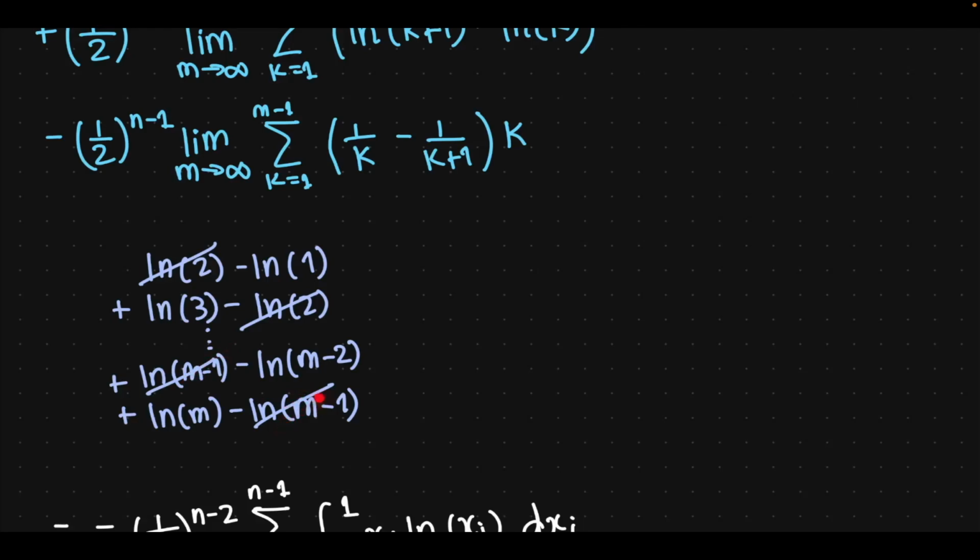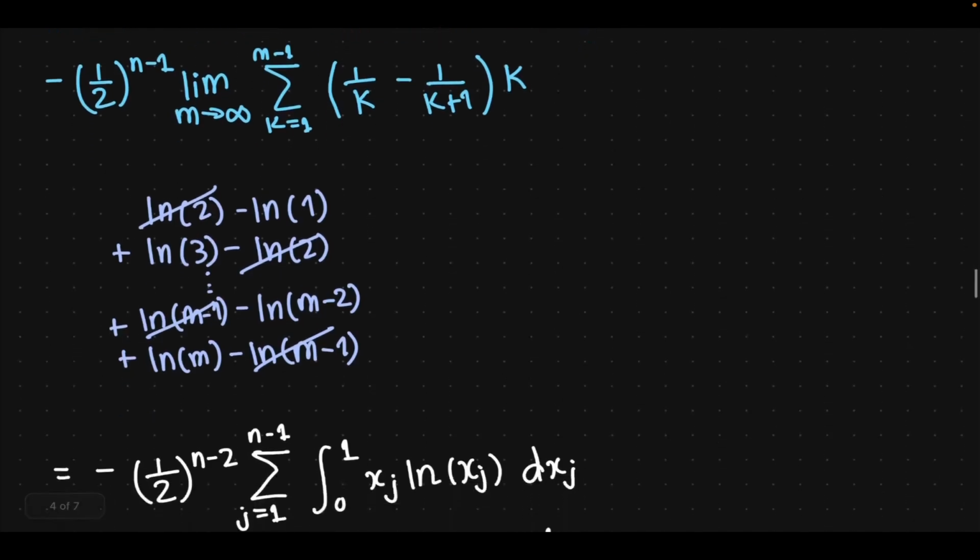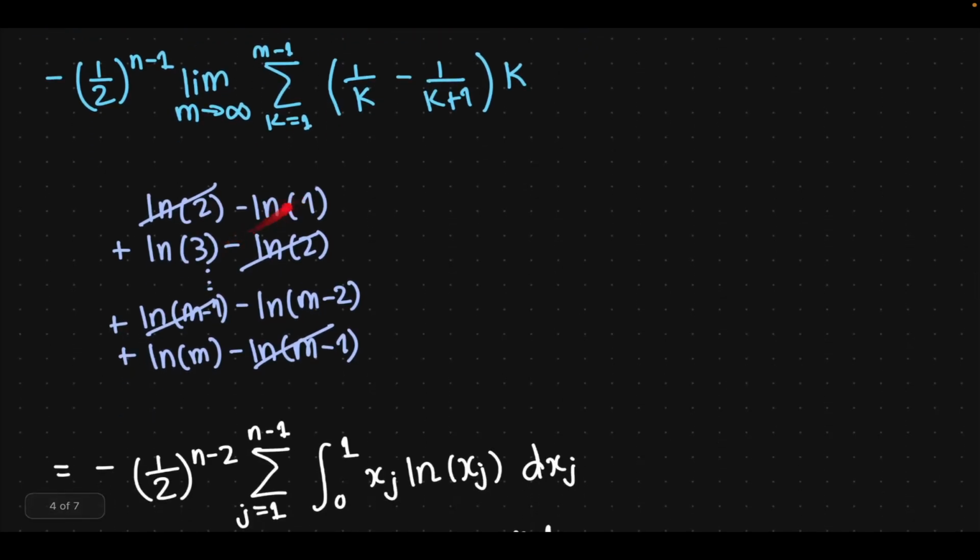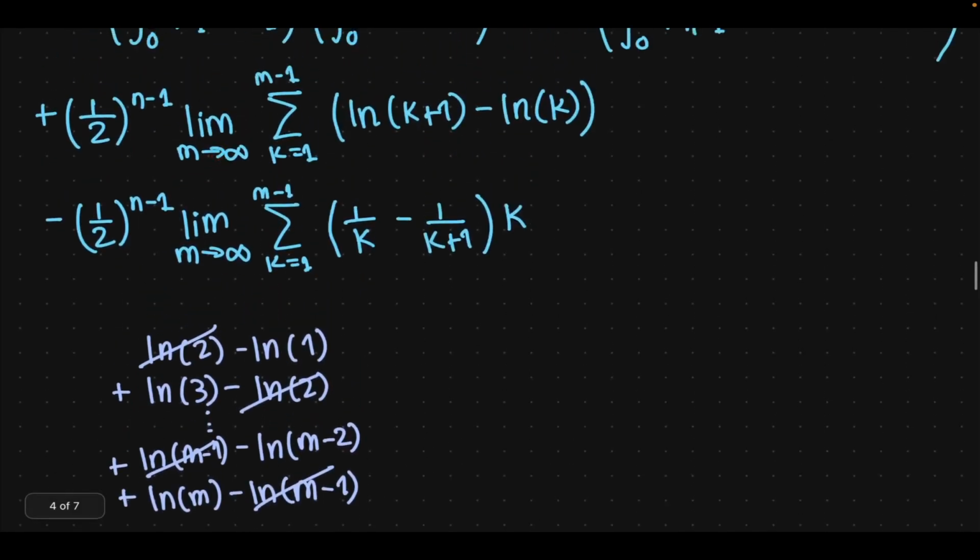So ln(m-1) cancels nicely with the term before it, but ln m and ln 1 are the head and tail terms that remain uncancelled. ln 1 is 0, so we can ignore that. We still have the ln m in the limit as m goes to infinity.